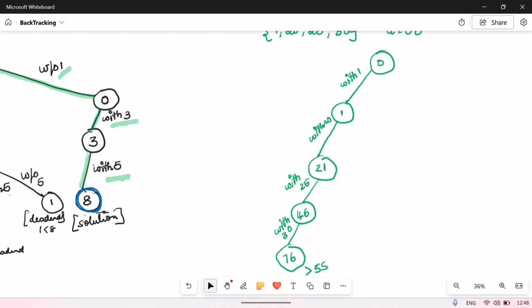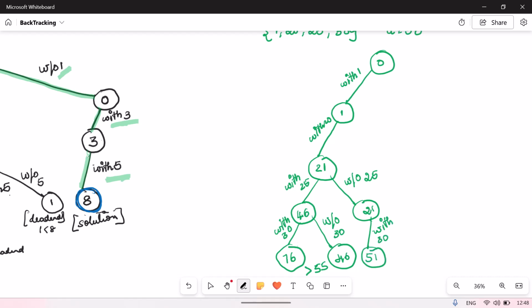So not a solution. So I will backtrack. So I will come back here. So without 30, I'm getting 46 itself. So not a problem. Come back to the previous solution. Without 25, I will check. Without 25, it is 21 itself. I'll add the next element with the 30.